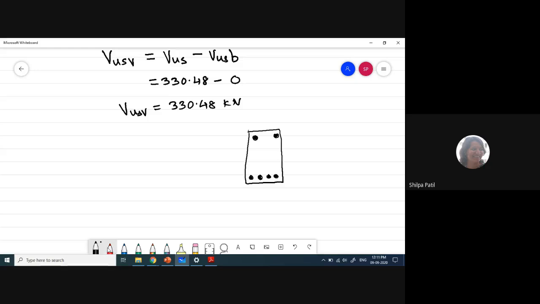So the shear reinforcement will be like this. One end is going here and another going here, which actually provides the interlocking between the stirrups.